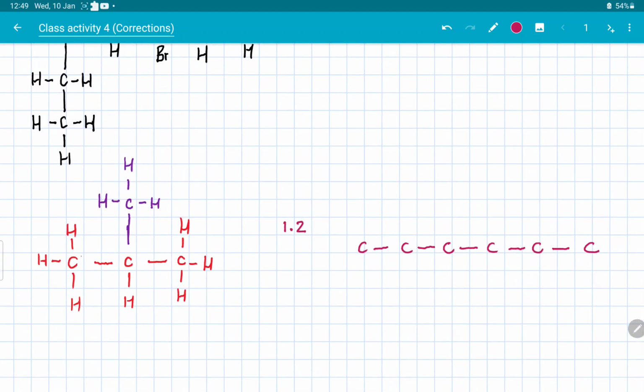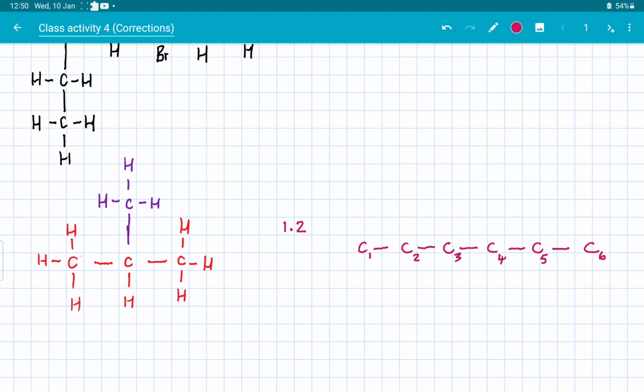Then I choose whether to number from left to right or right to left, because I'm the one drawing this molecule. Most of the time I choose left to right, because intuitively that's how we read. So I will choose to make this my carbon 1, 2, 3, 4, 5, 6. I will leave the numbering out since you can copy the corrections.